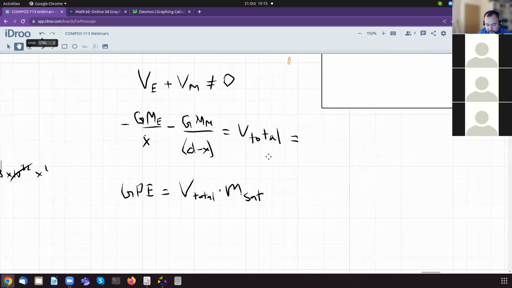So 6 times 10 to the 24 divided by 315,000 thousand meters, plus 7.3 times 10 to the 22 divided by d minus x. So that's 35,000 thousand.